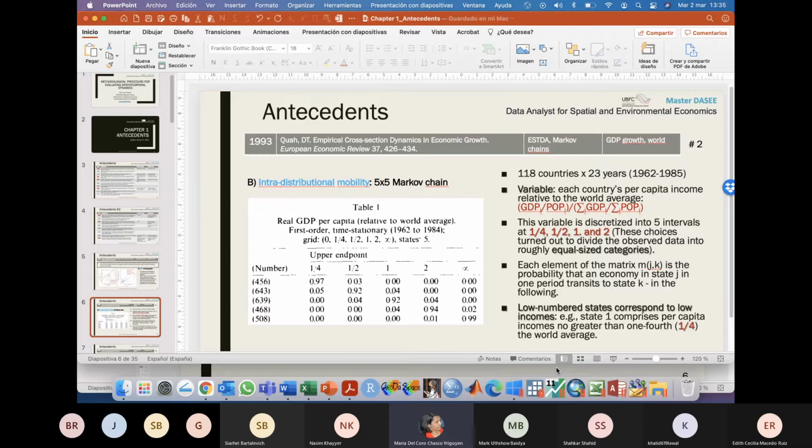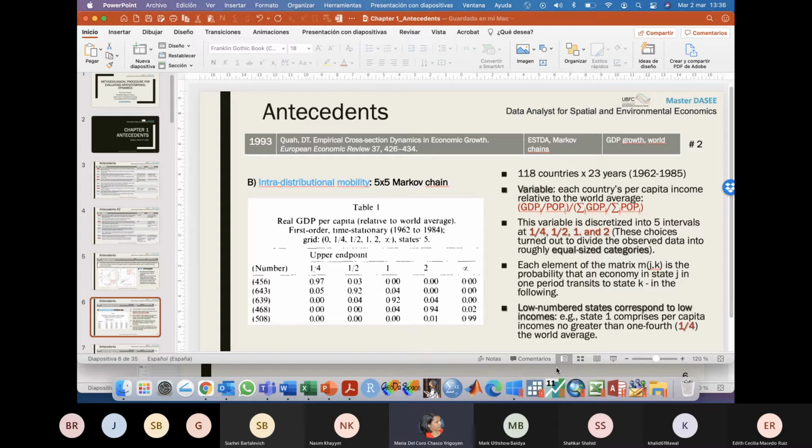So these numbers that you see here, 0.97, 0.03, etc., are probabilities. It is the probability that an economy in a determined interval, or state J, in one period transits to a different interval, or state K, in the following period. Hence, low-numbered states correspond to low incomes.